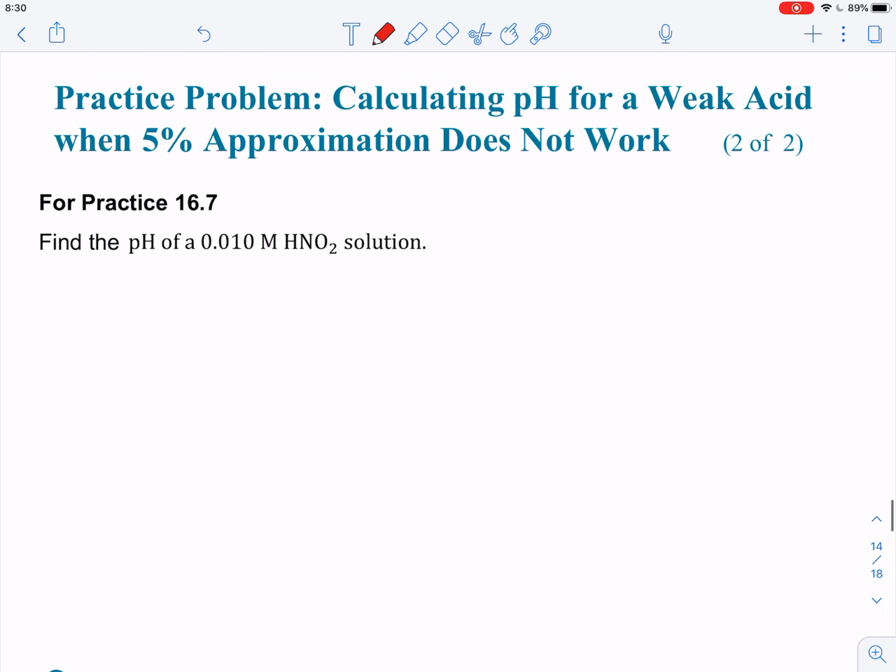How about we do another one? So in this particular case, we have nitrous acid. The Ka for nitrous acid is 4.6 times 10 to the negative 4. Now you're comparing 0.01, so you're comparing 4.6 times 10 to the negative 4 versus 10 to the negative 2.